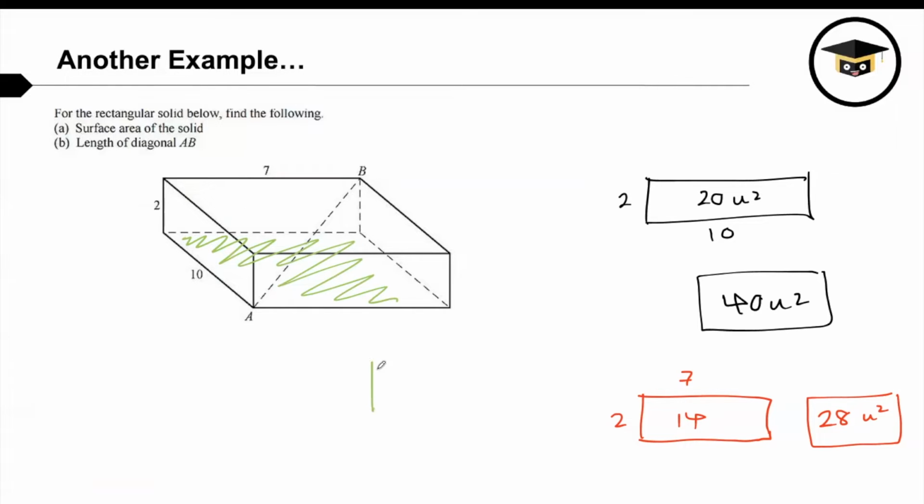The dimensions of those green faces are going to be fairly similar to each other. So we have 7 as our length, and then we have a width of 10, which gives us an area of 70. And since there's 2 of these faces, that means we're going to get 140 units squared. So that would be our green faces.